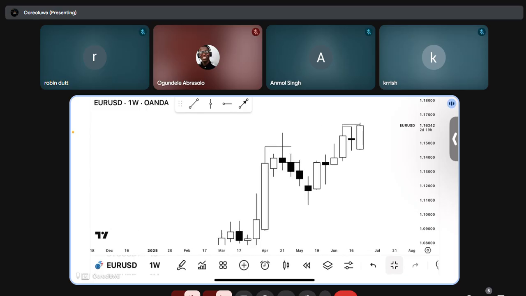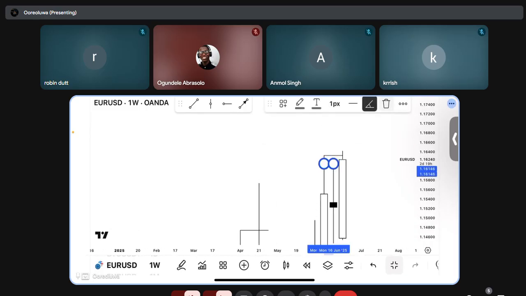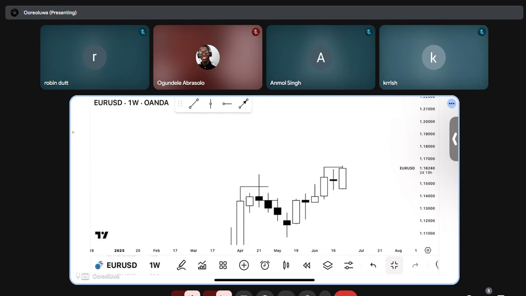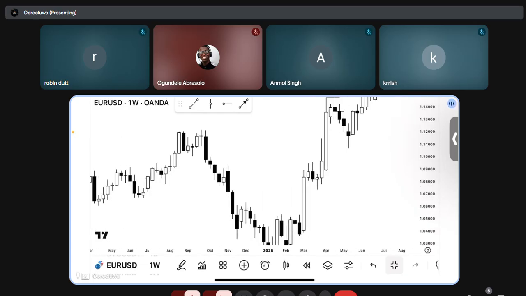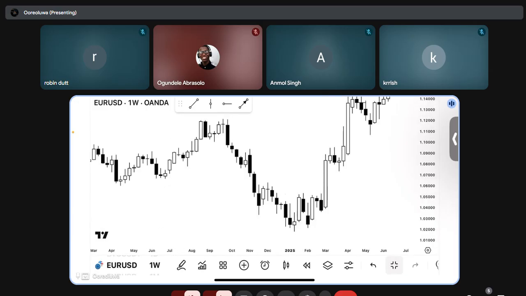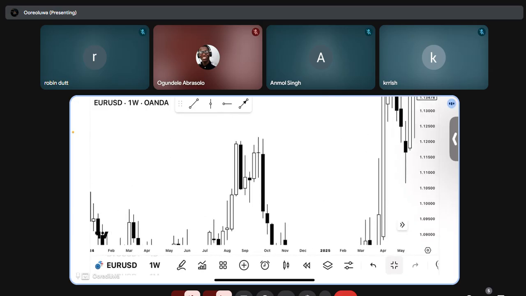But I love to trade on EU with this model, because it's just like a cheat code on EU. So I love to use it on EU, and I also advise you guys to just focus on Euro USD.